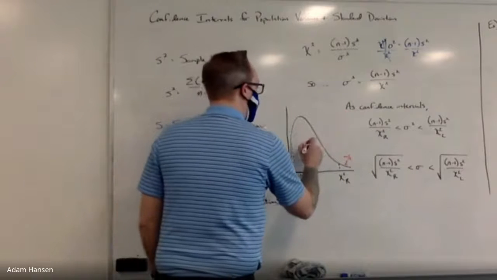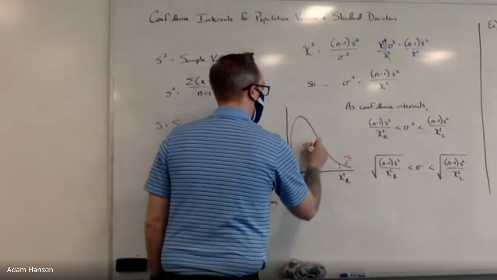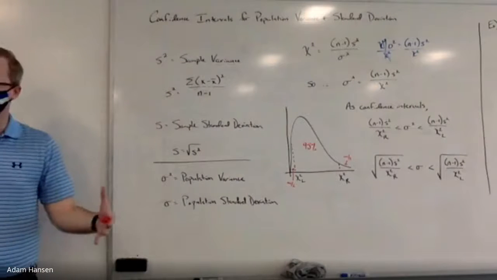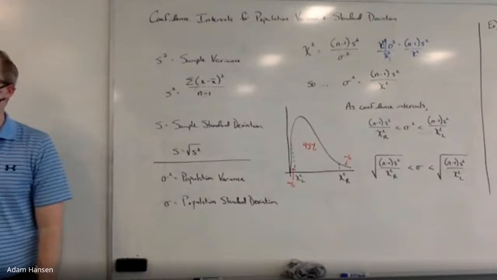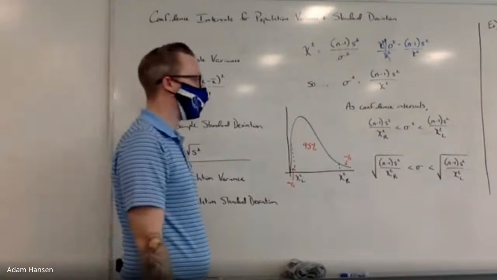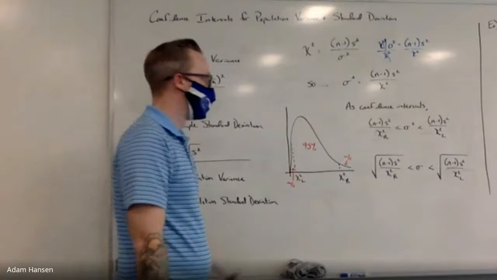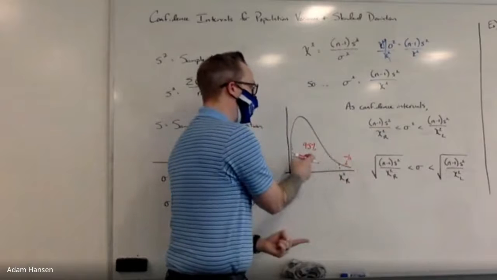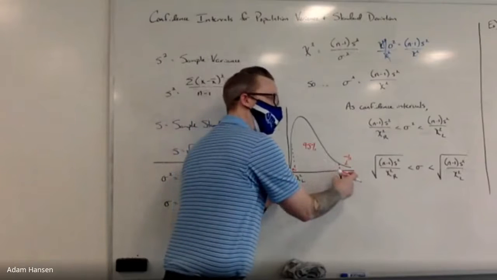So in the middle, I have maybe 95%. I want to have a 95% chance I've captured some parameter, like our population variance. Of course, there's some error. Error lives in the two tails. If there's 95% in the middle, what's in either one of the two tails?